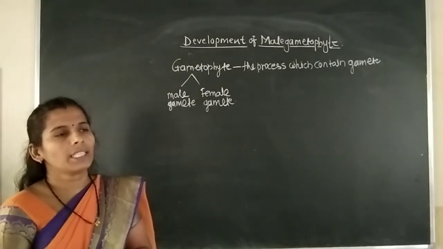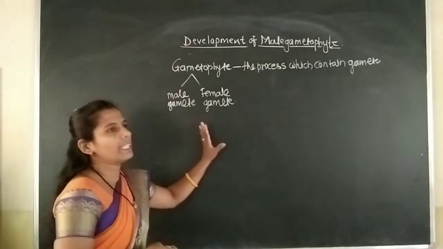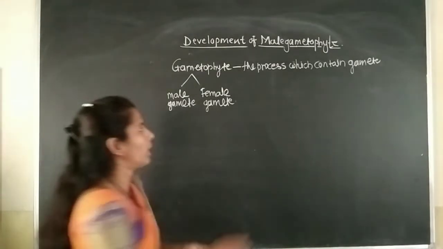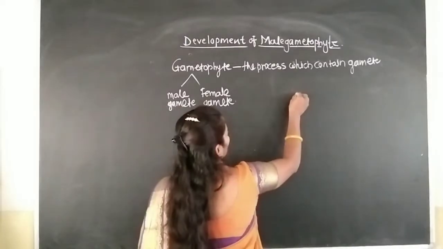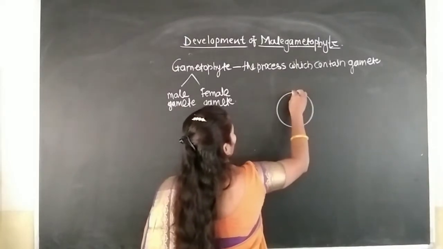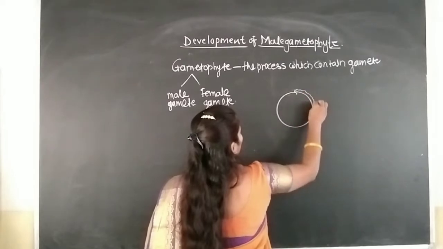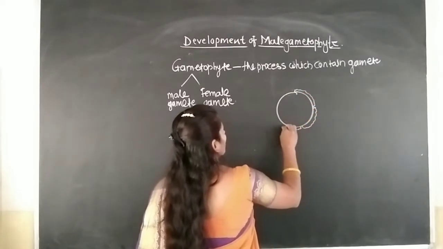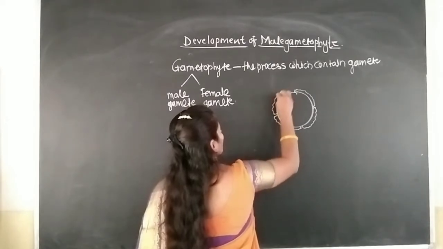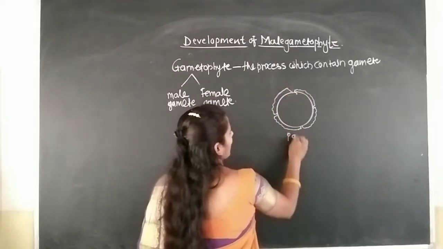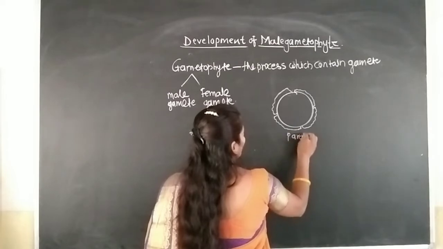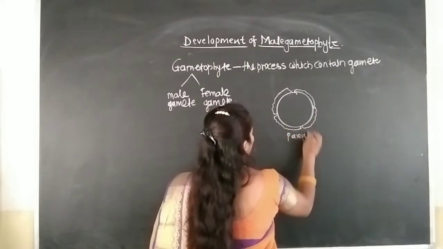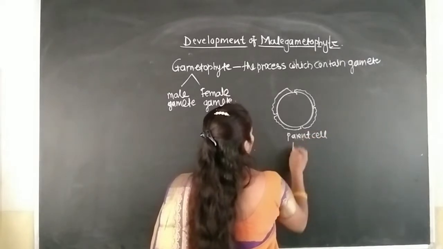First of all, see the male gametophyte, that is the parent cell. It is called the pollen grain. This is a parent cell. Pollen grain.